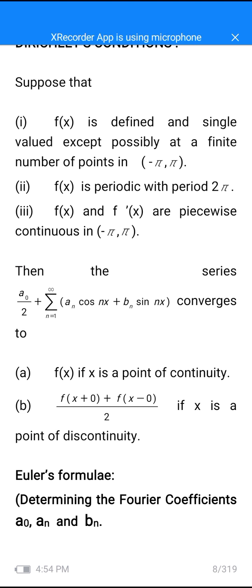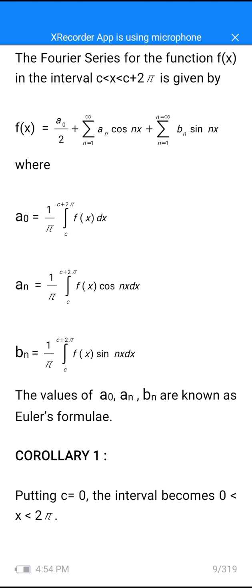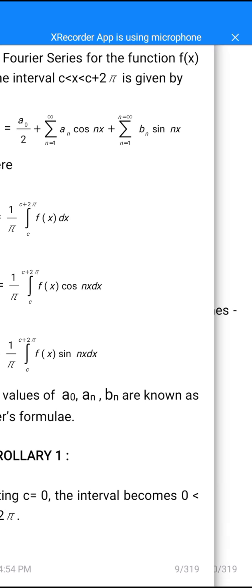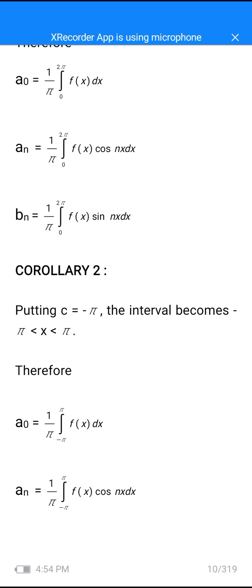Now we see Euler's formulae, which define the Fourier coefficients a naught, an and bn, generally given over the interval c to c plus 2 pi. Instead of c, we first apply c equal to 0. Then the limit points are 0 to 2 pi.